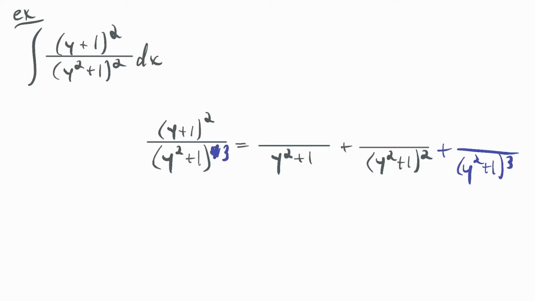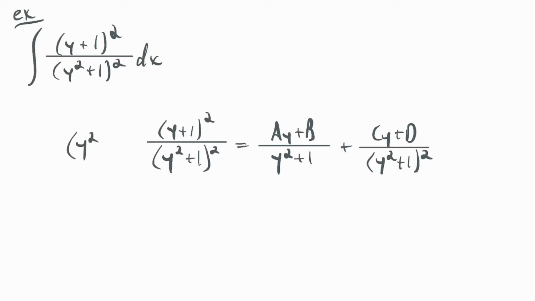Okay, we'd have something like ax plus b for all of them. Of course, the letters would be different for subsequent terms. So I'm going to say that, well, a y plus b for the first one, and then c y plus d for the second one. So I'm going to multiply both sides by the denominator I have on the left.